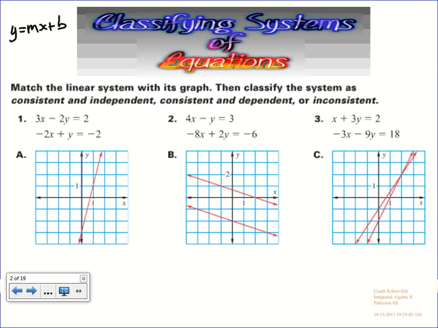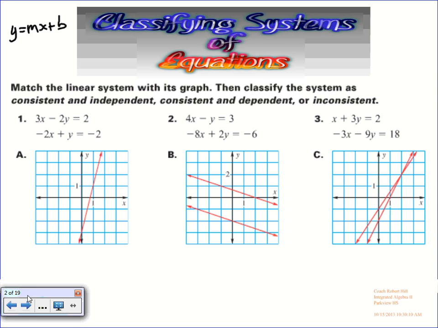So to take one of these equations and answer whether it was independent, dependent, or inconsistent, what would you need to do to each of these six equations down here before you graph them? Solve them for y.